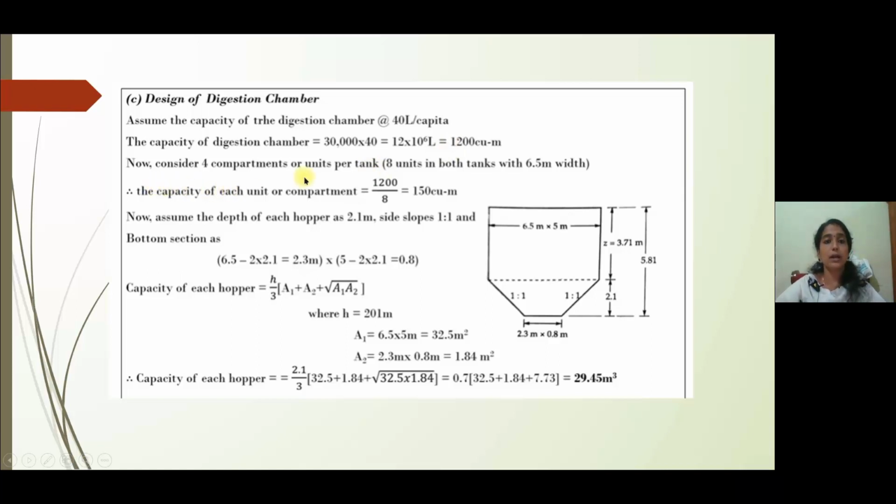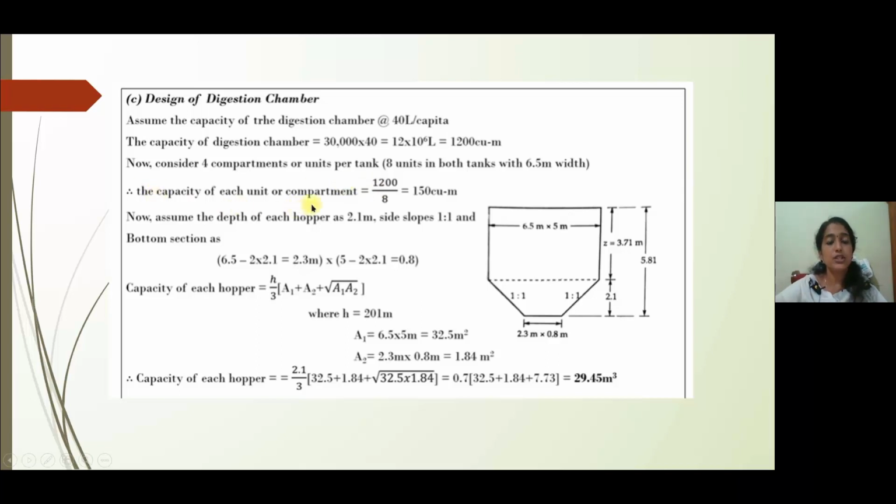Now consider four compartments that we assumed for the digestion tank. Per tank it is 4 units, total of 8 units with 6.5 meter width.